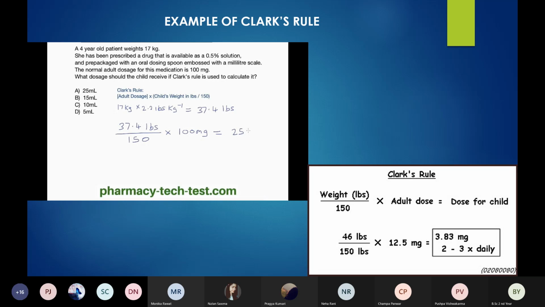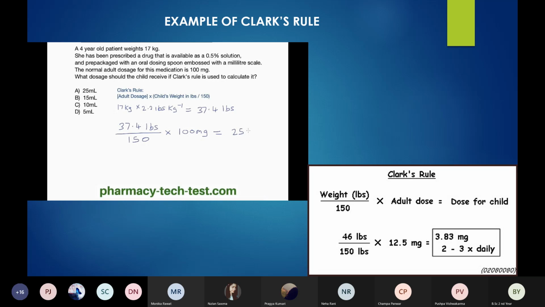How do we convert kg into pounds? Like I said, 1 kg is equal to 2.2 pounds, so we have to multiply. Here the child is 17 kg, so 17 kg multiplied by 2.2 equals 37.4 pounds.